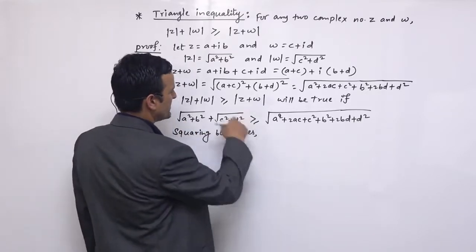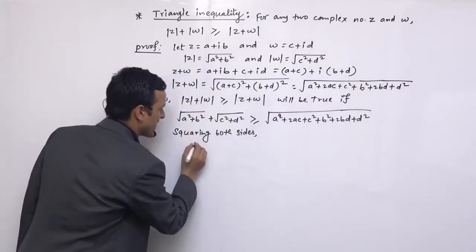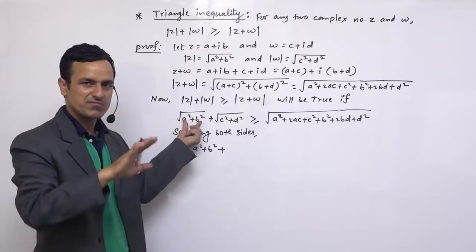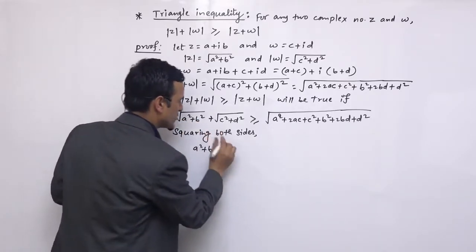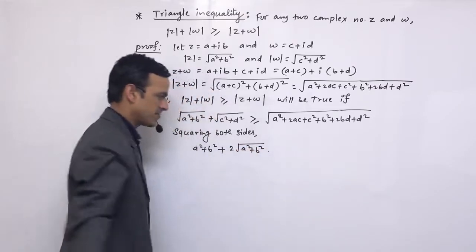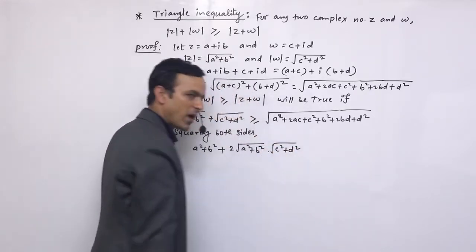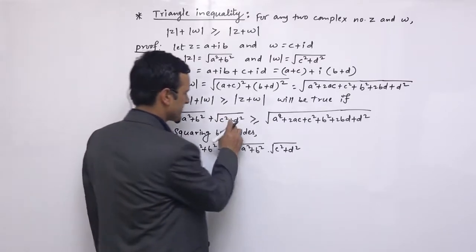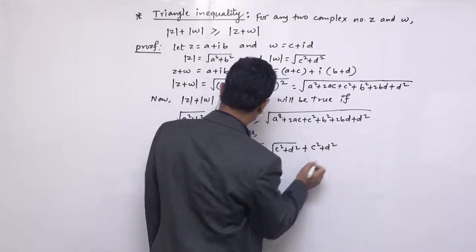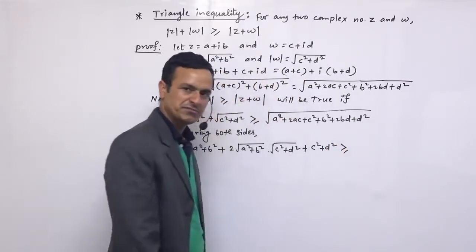Now (a plus b) power 2, a plus b whole square, and this is square. So we can write a square plus b square, because a square means this term whole square, and 2ab means 2 times root under (a square plus b square) into root under (c square plus d square), plus b square means last term square, c square plus d square, less or equal to the same relation.